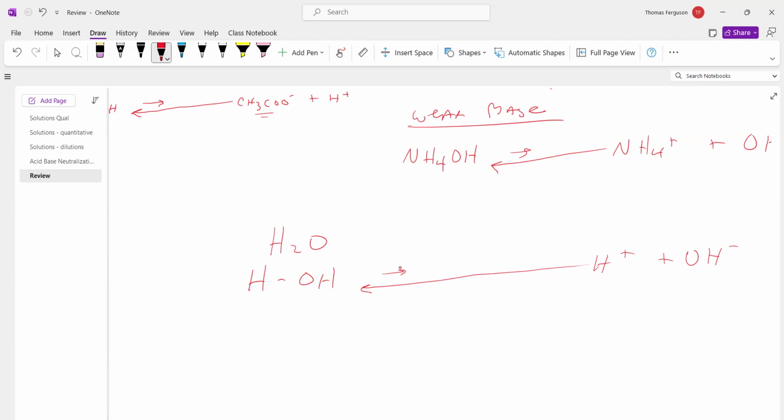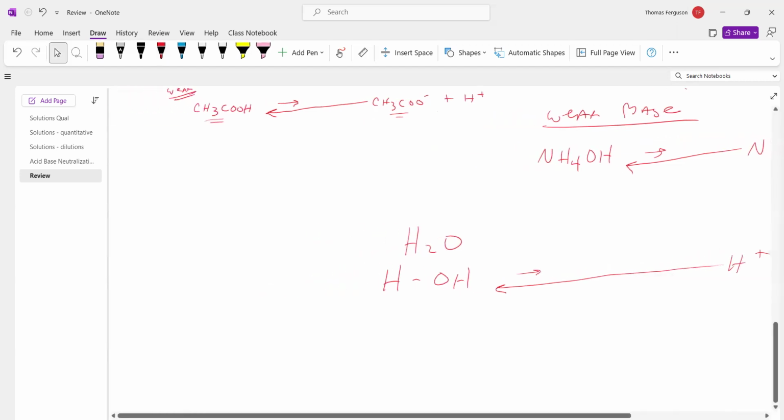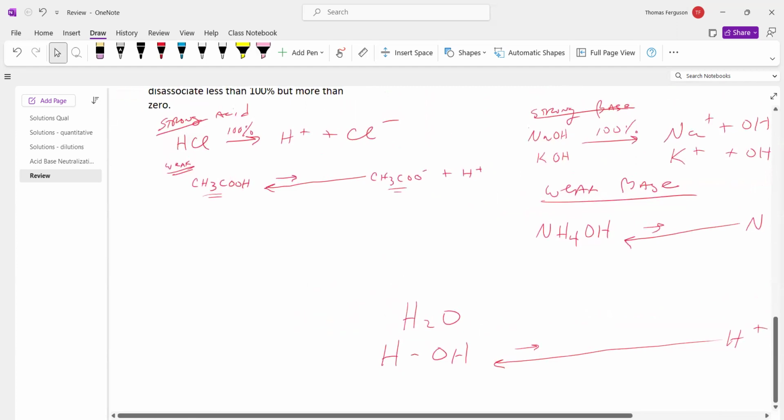So our question was, well, if we look at acetic acid, that weak acid, it's got an OH on it as well. Why doesn't that come off? Why can't acetic acid be really a base?